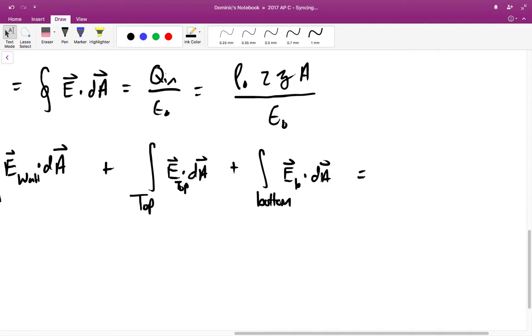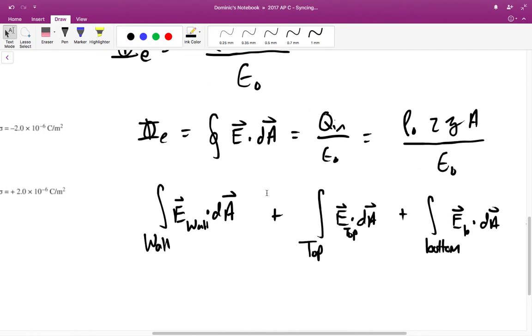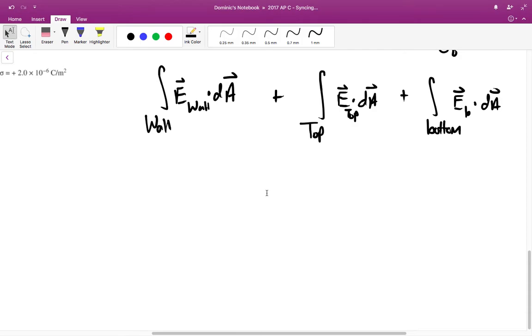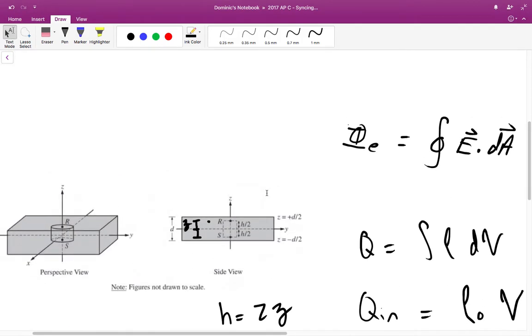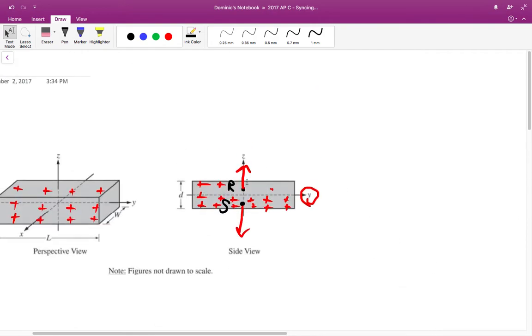So let's figure this out really quick. Here's what we do know. From the very first problem, we found that the electric field is basically straight up, and that's pretty much true until we get towards the edges. As long as we stay somewhere within the middle, we can say that is true.